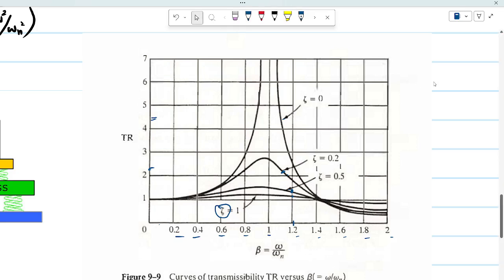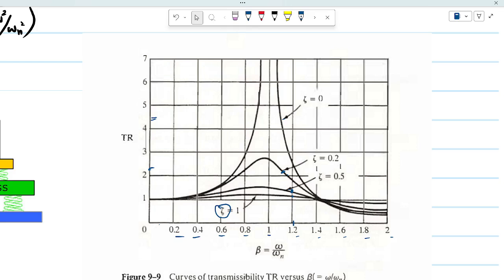So maybe you will encounter some problems in mechanical vibration where you have to consult this graph and pick up the values, and maybe in your exam or your assignment, you have to draw this graph for a few terms. So now you know how you can read this graph. I hope you won't fear this graph.